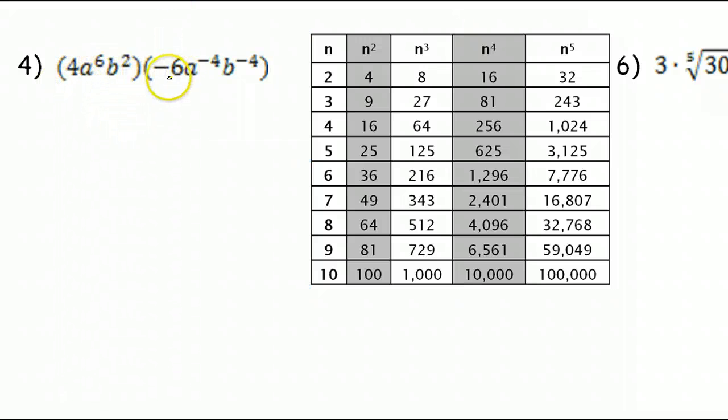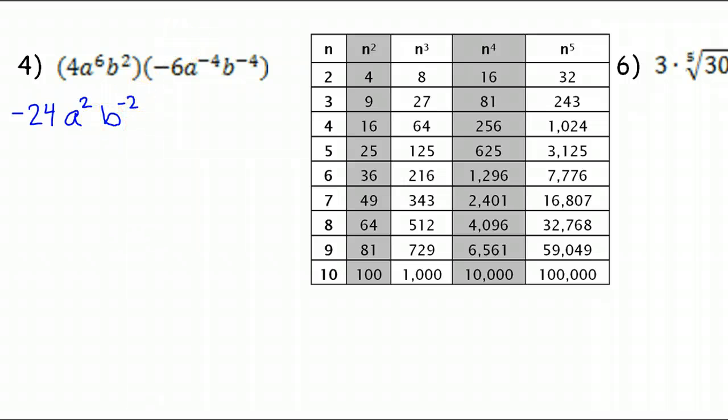It looks like we have some multiplying to do. 4 times negative 6 is in fact negative 24. As we multiply these variables, we will add the exponents. So this will be a to the 2nd power and b to the negative 2 power. I'm just adding these up.